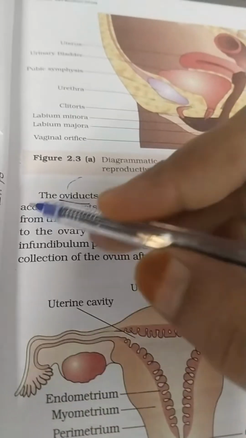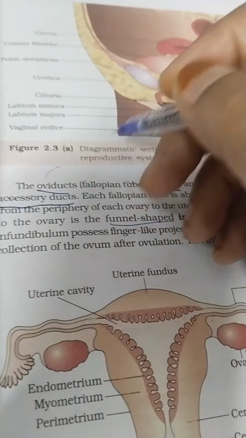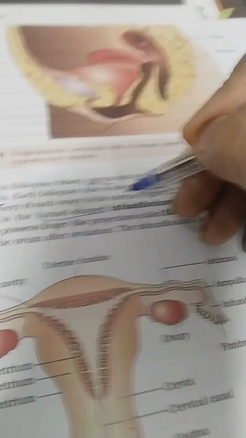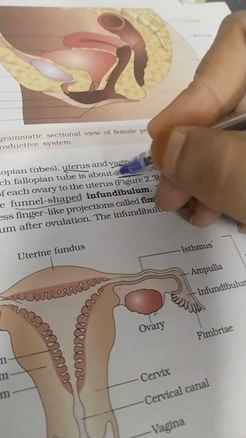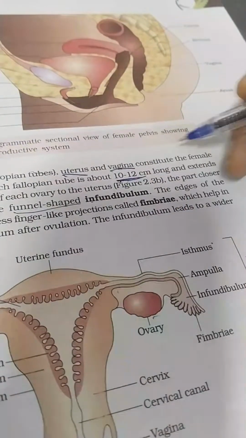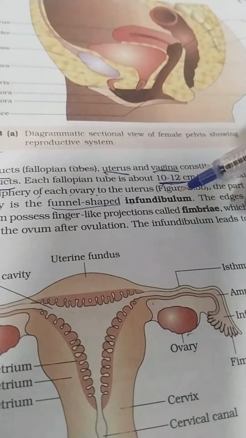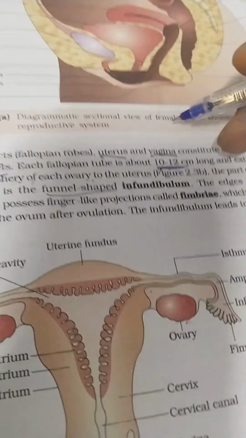All these constitute the accessory ducts, as we have learned in the male too, accessory ducts, accessory glands. Each fallopian tube is about 10 centimeter long and extends from the periphery of each ovary to the uterus. It is connected with the ovary which is connected to the uterus.